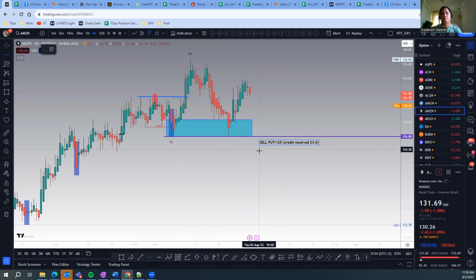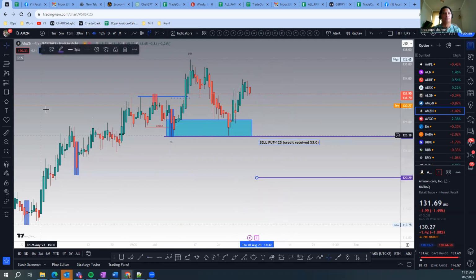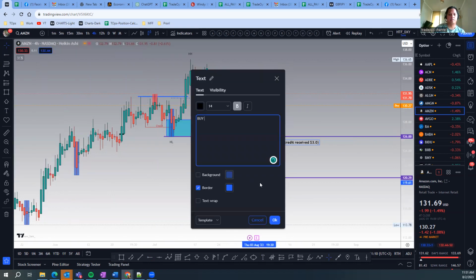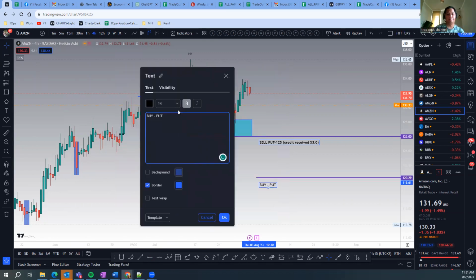which is 5 points lower than the 125 put. So here I'm going to buy the 120 strike put. Of course, if you are buying now, it's a debit, so you are giving back some money, but this will be cheaper.